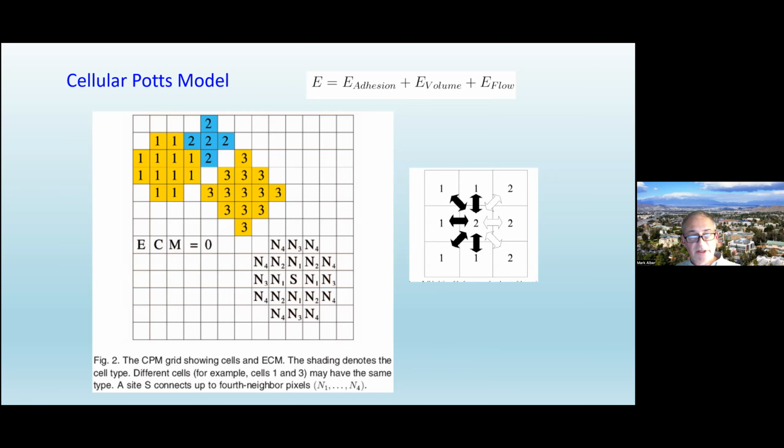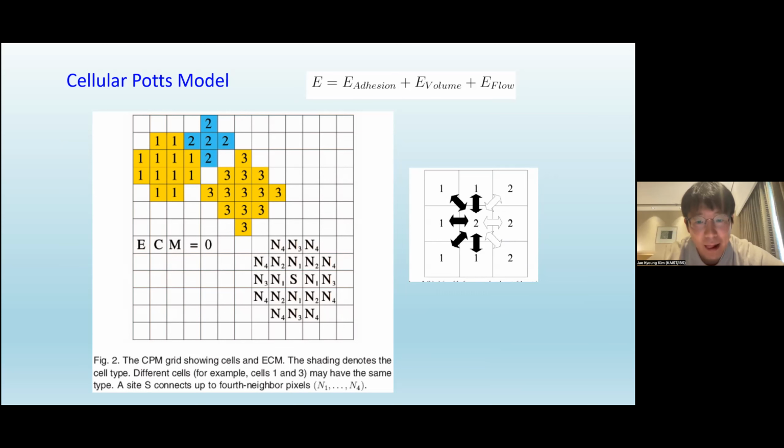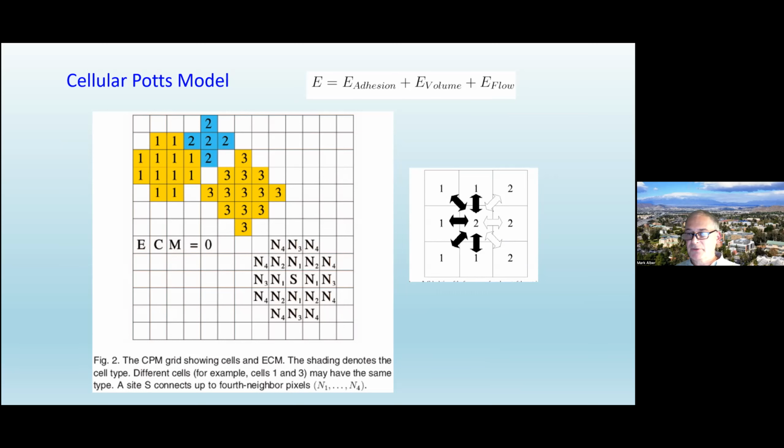So let me talk about the cellular Potts model, which is pretty popular in the biological community. It's a generalization of the Ising model from statistical mechanics, all right? But the Ising model is a model for magnetic material. You have two types of spins, spin up, spin down, and clusters are forming, phase transitions are studied, the rest of it.